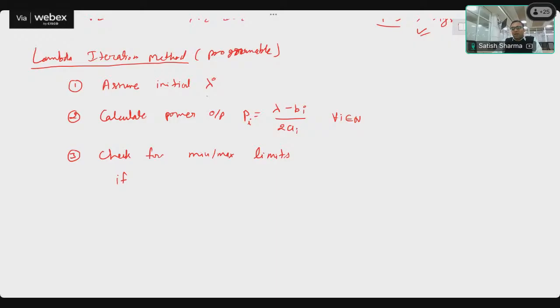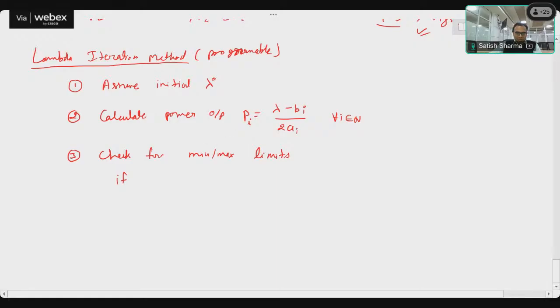And if the system price is less, by the simple rule of economics, generators will produce less. It is quite evident from this equation: if lambda is low, P_i will be low, because b and a are constant for a particular unit. So if P_i is less, you further want to increase the lambda.